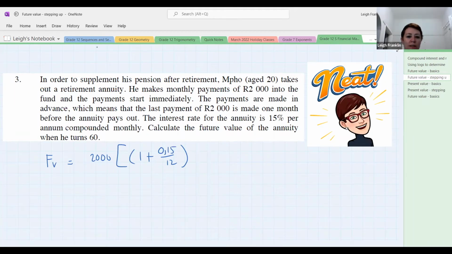So what is going to happen here? He starts when he is 20 and he makes the last payment when he is 60 years old. How many payments has Mpho made? How are we going to calculate the value of N?